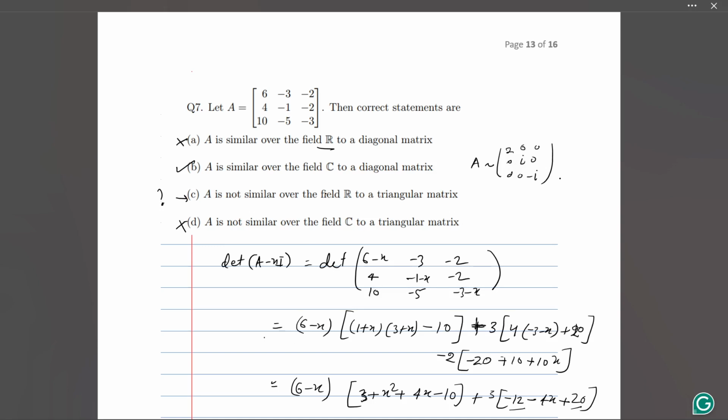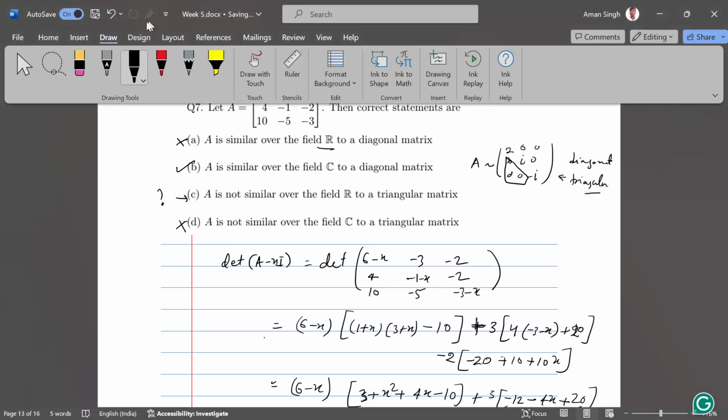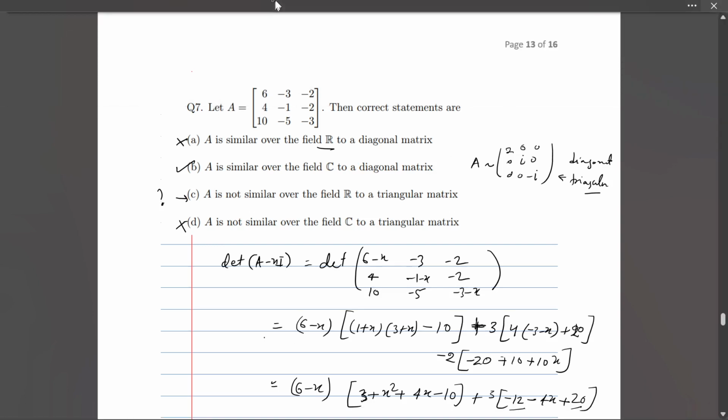A diagonal matrix is also a triangular matrix, right? Triangular as well as diagonal is both. Upper triangular means just the lower triangle is zero. That's all. So this is triangular also. So D is incorrect. They are saying that it is not triangularizable.